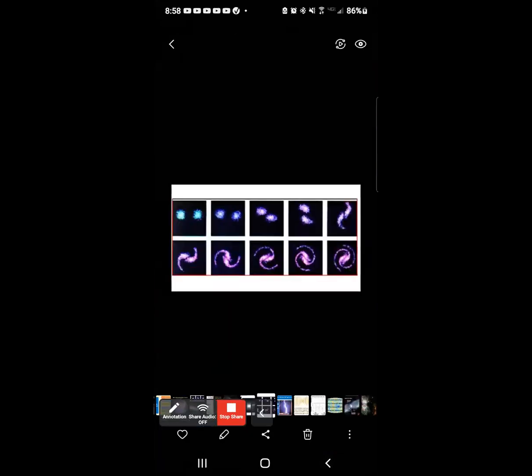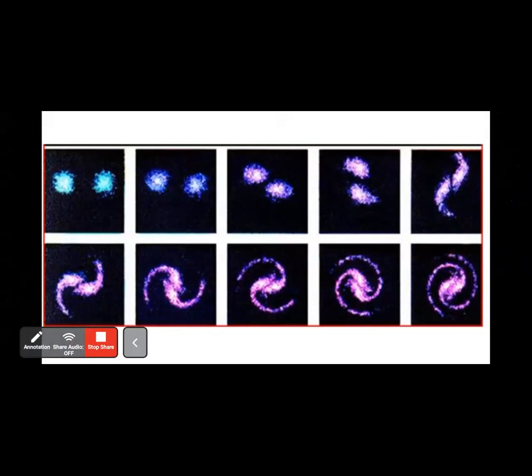Now, I'm going to show you some lab experiments. These are plasma filament lab experiments done by Anthony L. Peratt of Los Alamos Laboratories. And in the lab, we as a scientific community were able to take 2 or 3 plasma filaments and coalesce their magnetic fields together to create miniature galaxies in the lab.